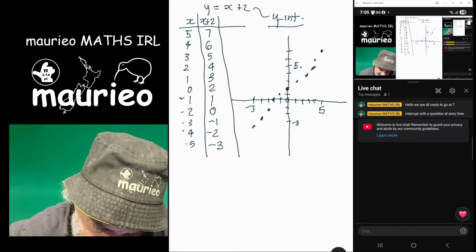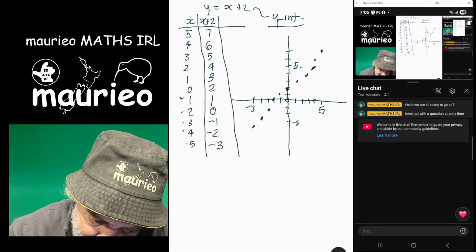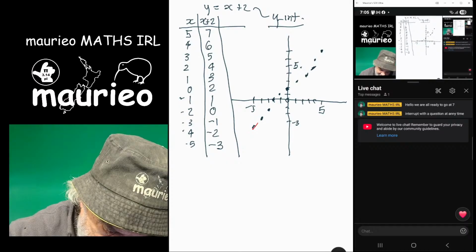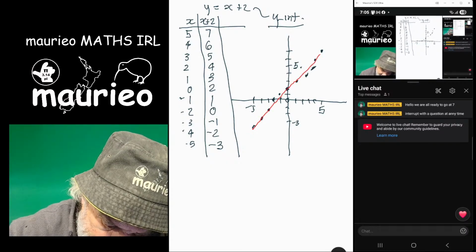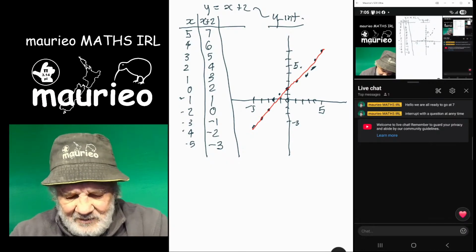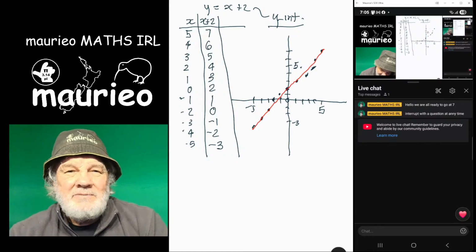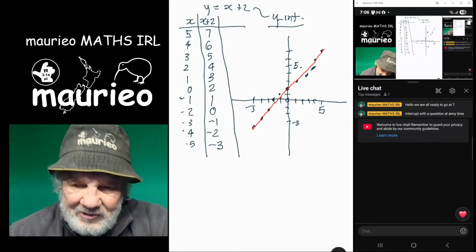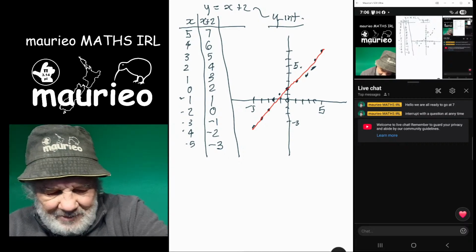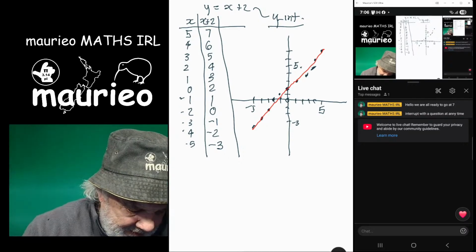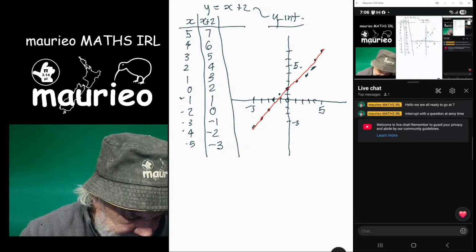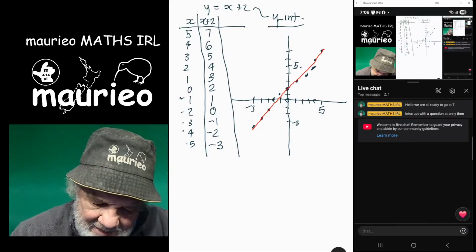And we can see that those all quite neatly fit on the line, and if we were to plot them accurately on gridded paper and things like that, of course we would see that that was indeed the case.